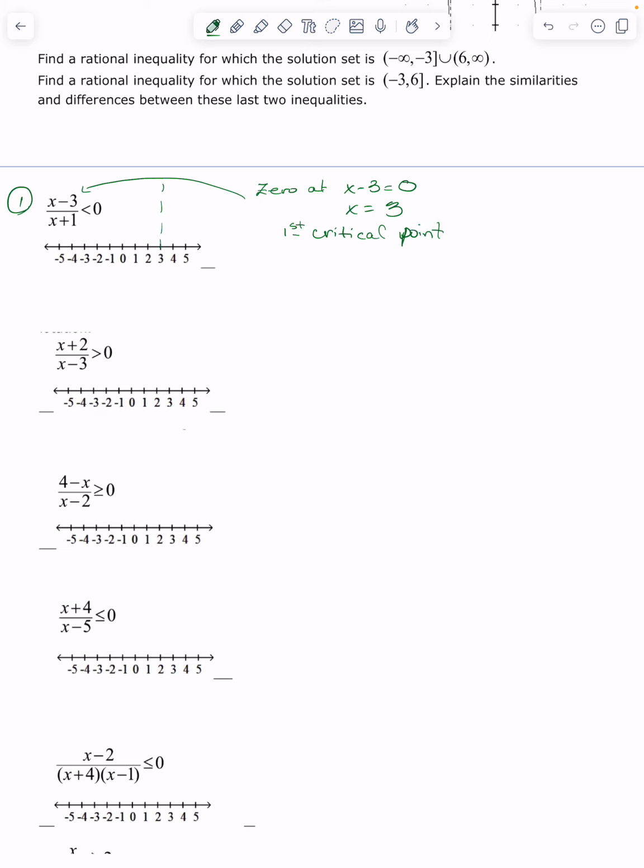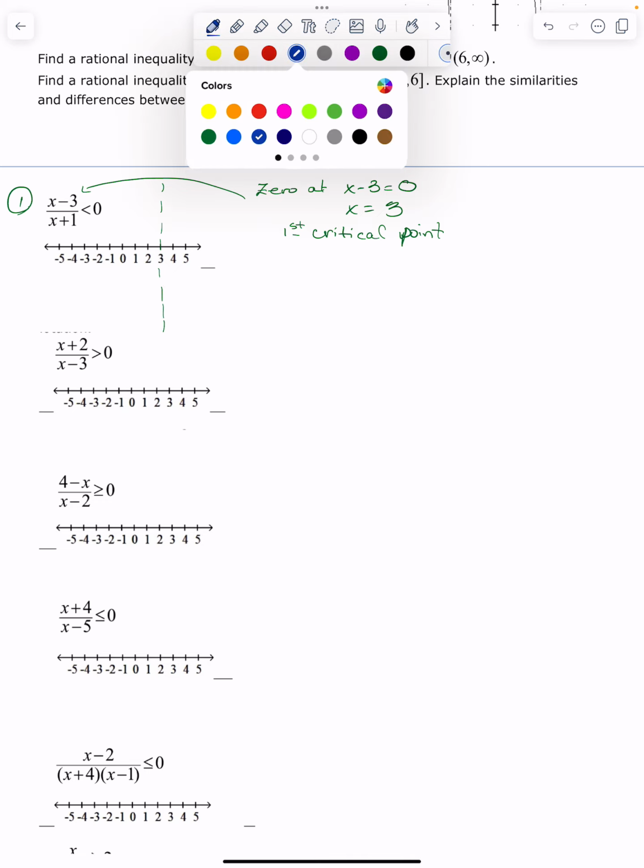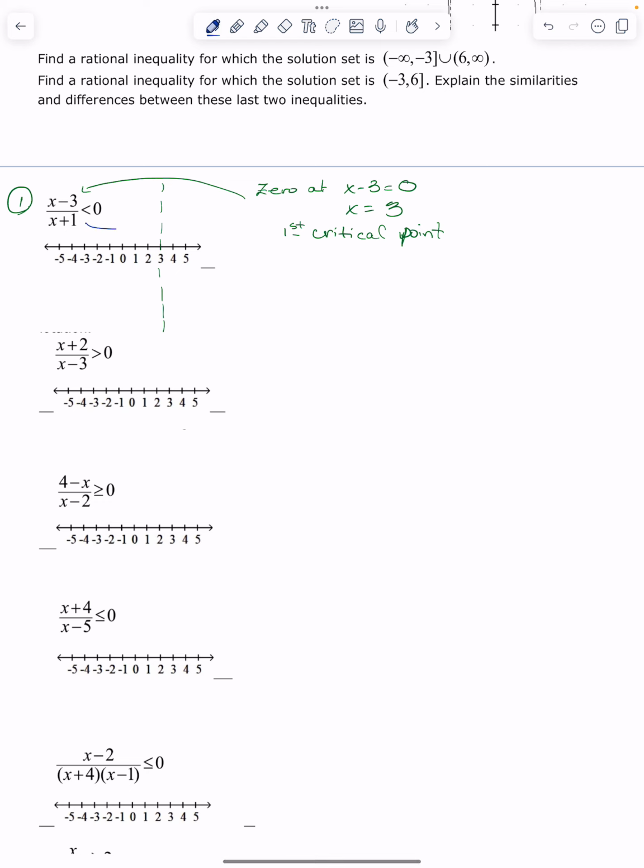So I'm going to go ahead and set that up right here. Second part is our denominator. So x = −1. That would give me an undefined value, so that would be an asymptote. So that's also a critical point.